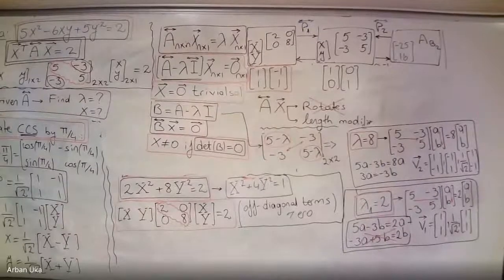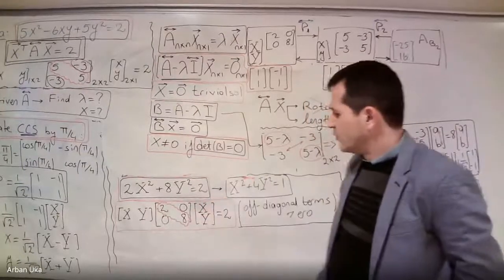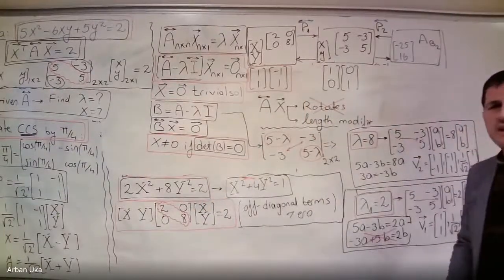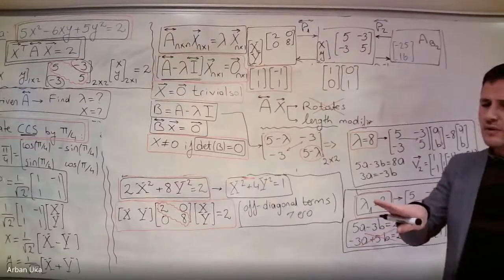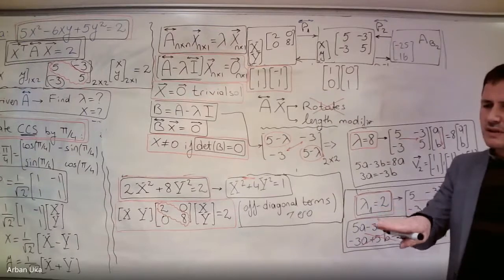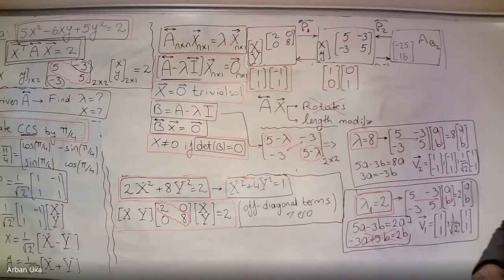So it is coupling the x and y. But the moment that the off-diagonal terms are 0, we can say that the x and y are decoupled, okay? Or the x and y are projected onto completely different coordinate systems, which are orthogonal, okay?